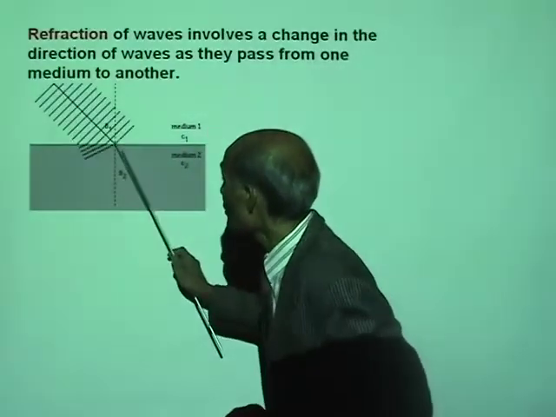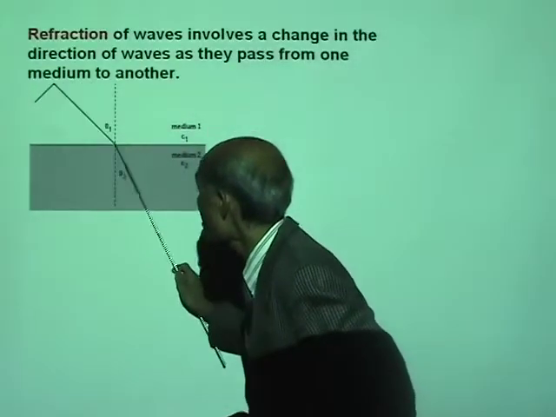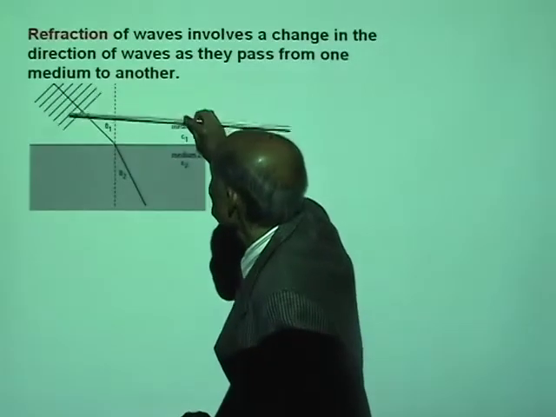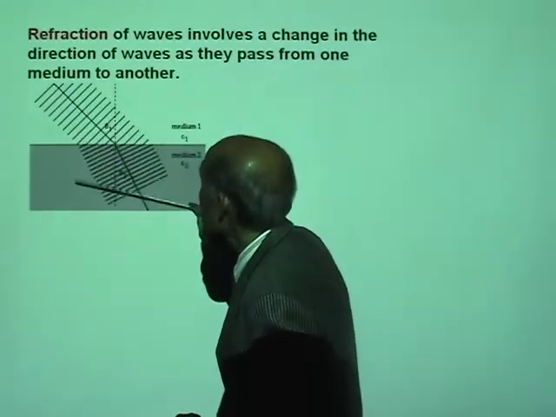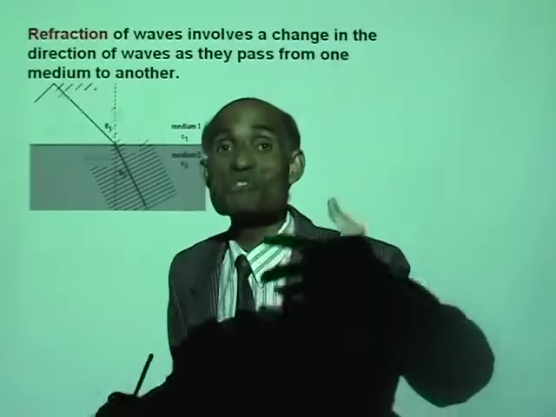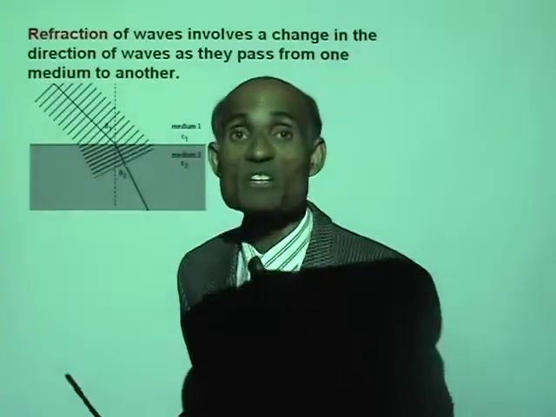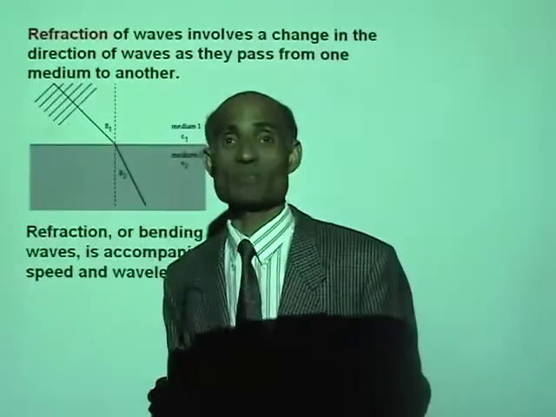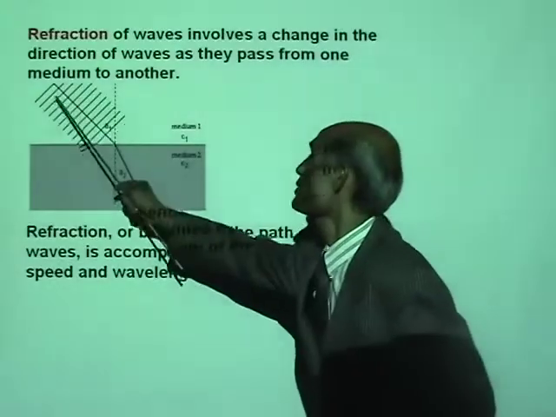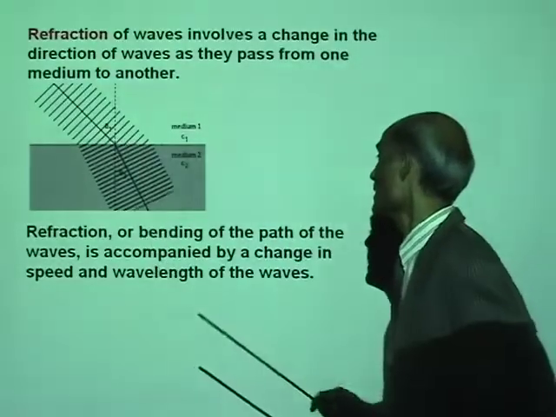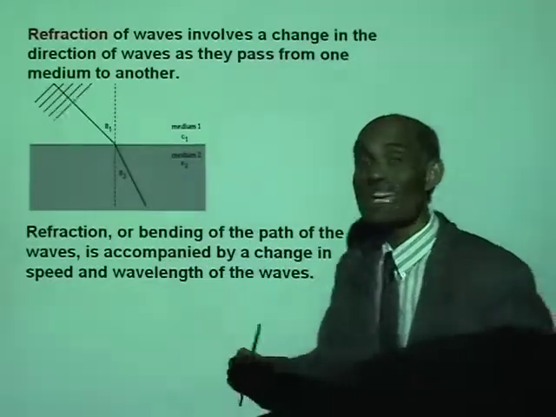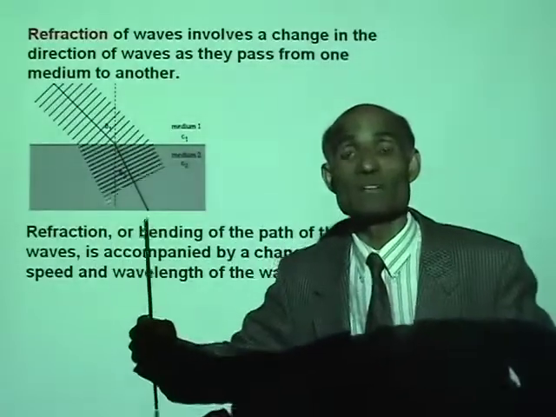Now, the change in direction of the sound waves as they enter from one medium into another is due to the sudden change in speed. And that is what is called refraction. So refraction, or bending, of the path of waves is accompanied by a change in speed.